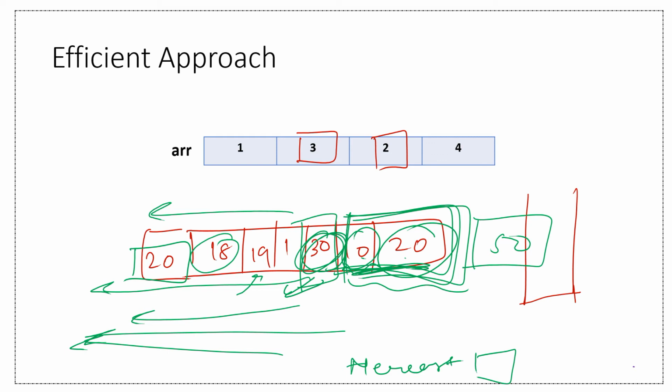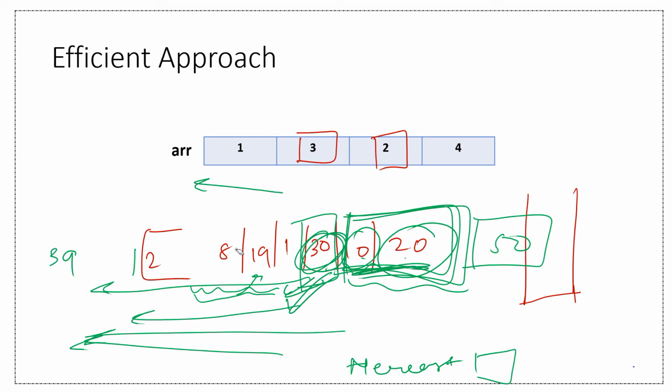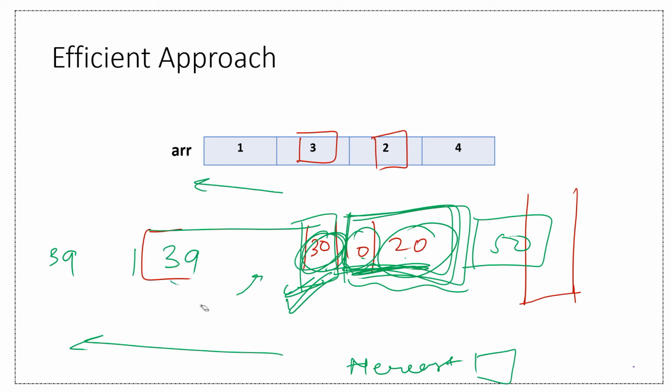Why? Because if any element greater than 30 is present on this side, and for that particular element no other element is present, we will get 30 as its output. Now suppose we have 39 somewhere here, and in between many elements are there which are not greater than 39.